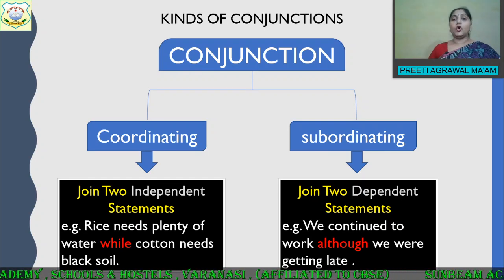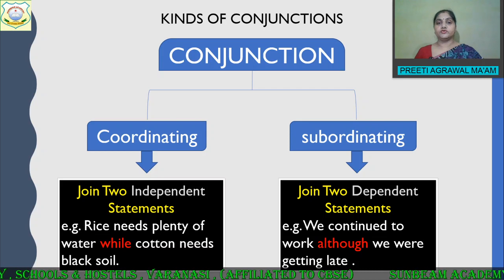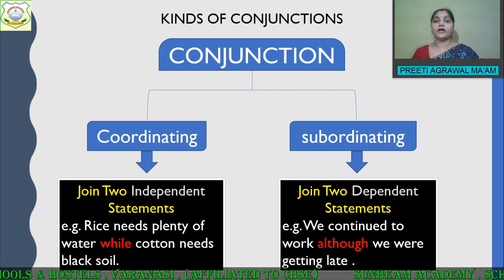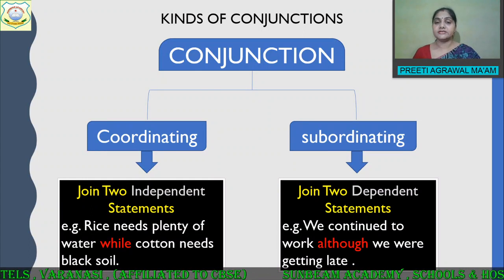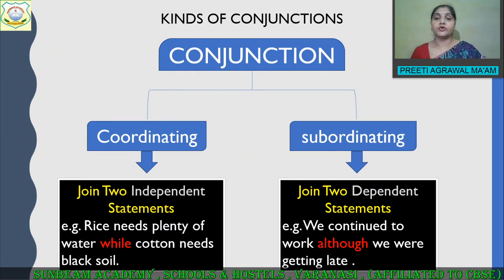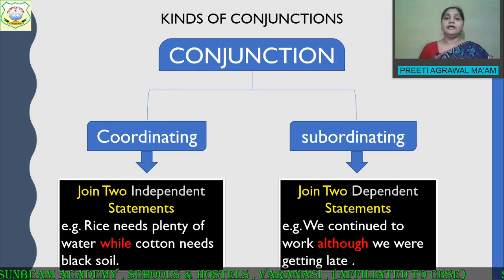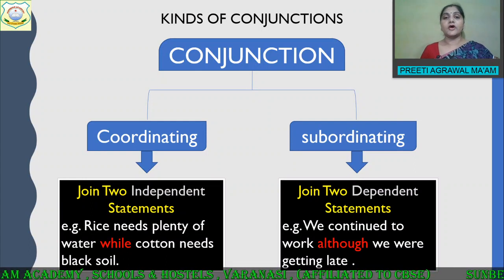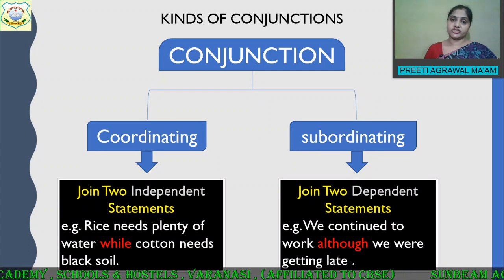Now, there is a correlative conjunction also. You should also know what correlative conjunctions are. Correlative conjunctions means whenever the conjunctions are written in pairs. Pairs means two conjunctions are written together to make the meaning clear. You will be able to clarify your concept easily when you are using correlative conjunctions.